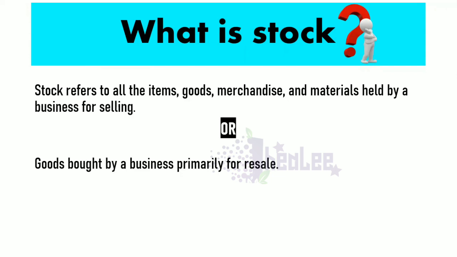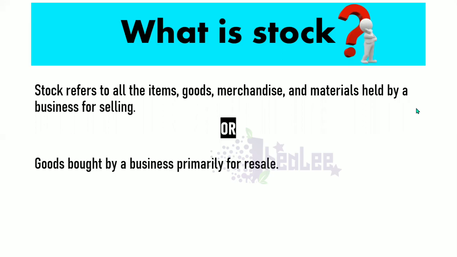So the aim of purchasing it is to sell it to the customer, have it available for persons to come in and make their purchases. Okay, so remember, stock, inventory, goods are items bought primarily for resale.